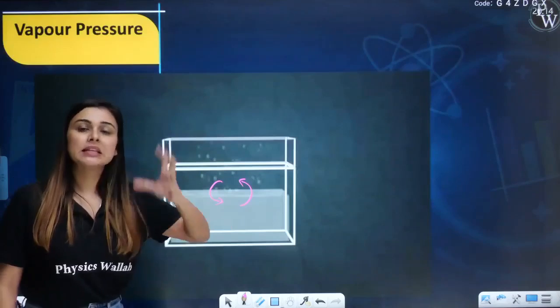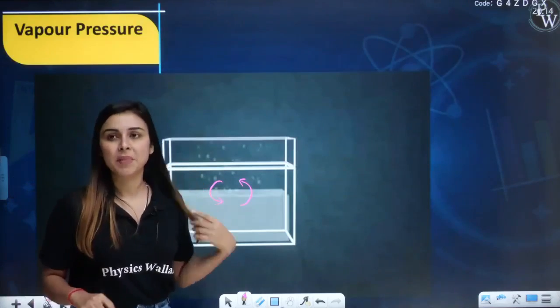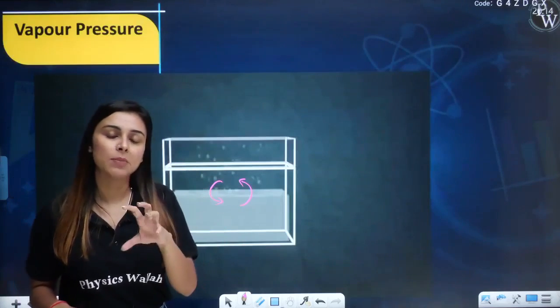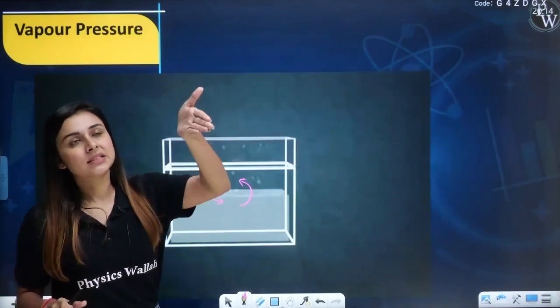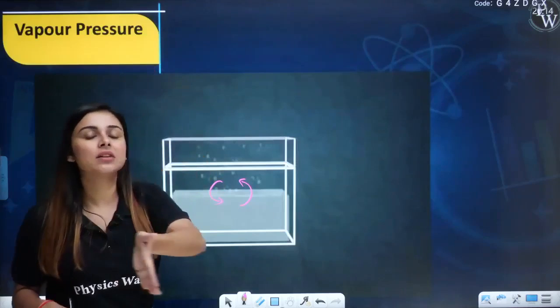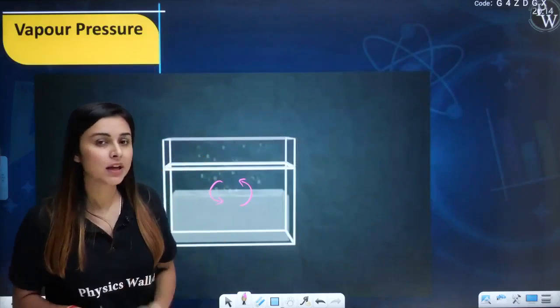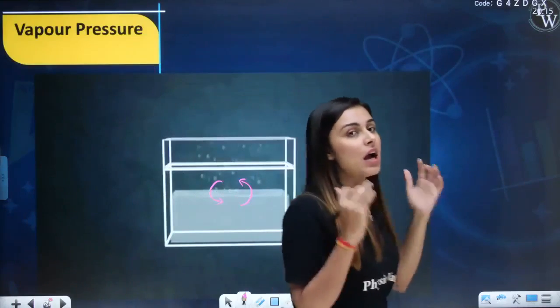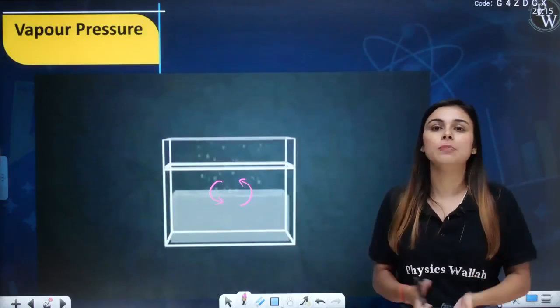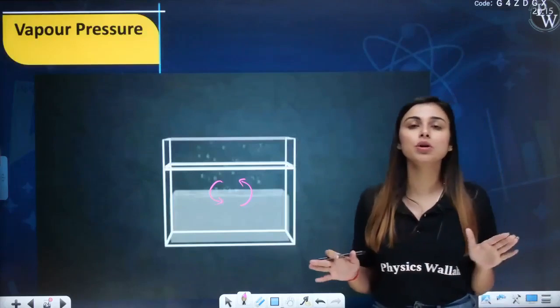This is actually a state of equilibrium. Initially your liquid gets converted into vapors, and at some point of time the vapors start getting converted into liquid. So this is actually an equilibrium that takes place. I hope you're clear with this.